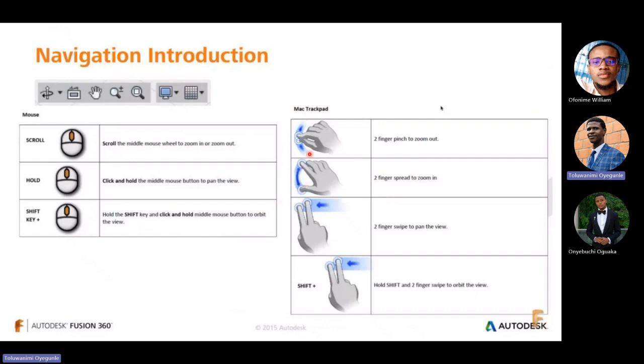So you can use your fingers. This is just showing you how to go about it. You use two fingers to zoom in or zoom out, and if you have to pan your view, you use your two fingers to slide across in a horizontal manner, right? So this is just a brief introduction about the Fusion interface.